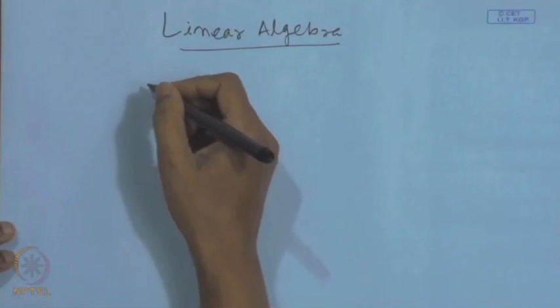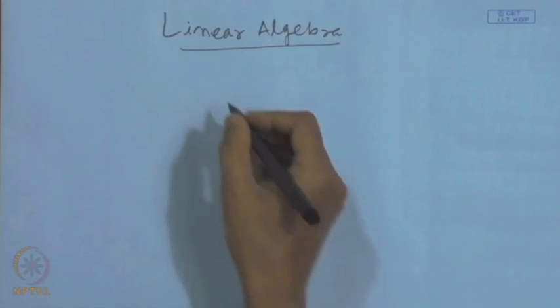The topic linear algebra is based on an important algebraic structure that is called vector space or linear space. Again, in a vector space, we deal with two types of elements, that is vectors and scalars.